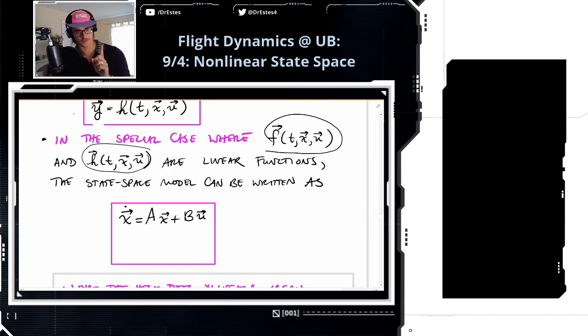So if that vector function f is linear, that means you can write it out as an A matrix times your states plus a B matrix times your inputs. And your output equation, the C matrix times your state vector plus the D matrix times your input vector. So this is the one you're used to seeing.